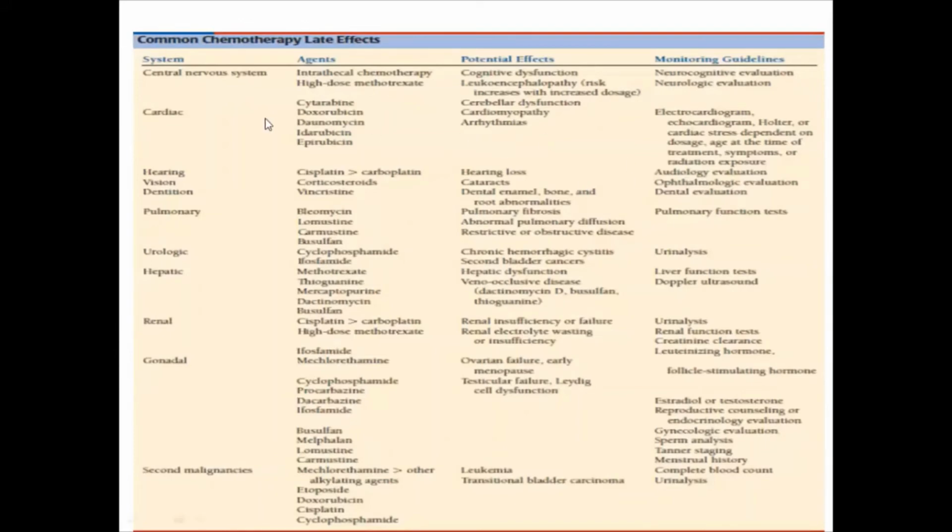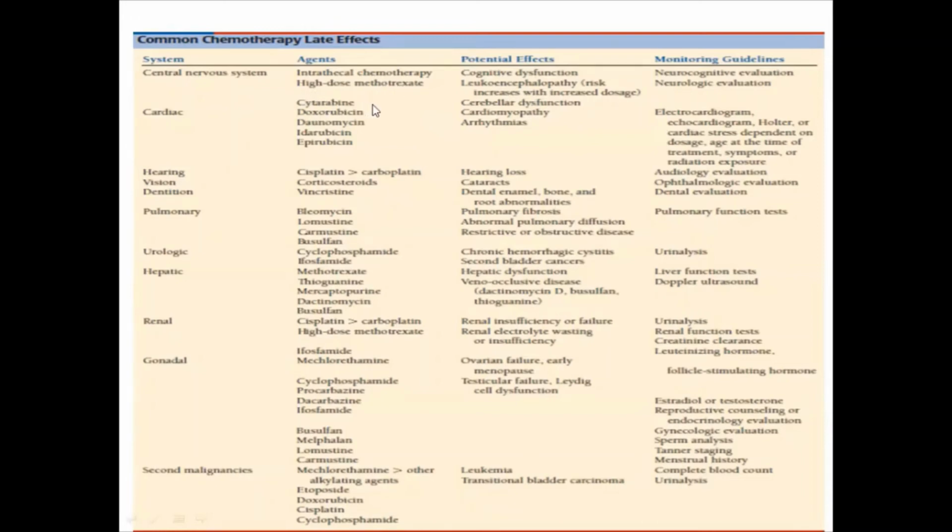Here in this slide, see there are a few common chemotherapy agents, the associated late effects that we can see with these chemotherapy agents, and how we can monitor them. Depending on system, with intrathecal chemotherapy with high dose methotrexate, there can be cognitive dysfunction and leukoencephalopathy.